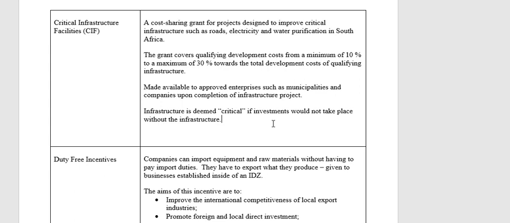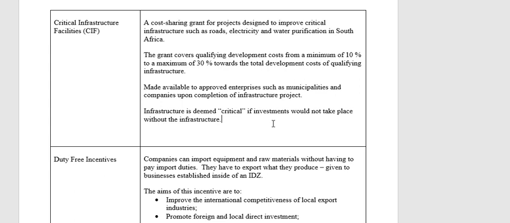All right. And remember PPPs, the government is required to provide the infrastructure. So if they want me to build my factory in a particular area, and I insist that I will only invest in that area if they provide me with proper transport, communications, and electricity, for example, that transport, communication, electricity that my investment is dependent on, it is deemed as critical because my investment is not going to happen unless the infrastructure is there.